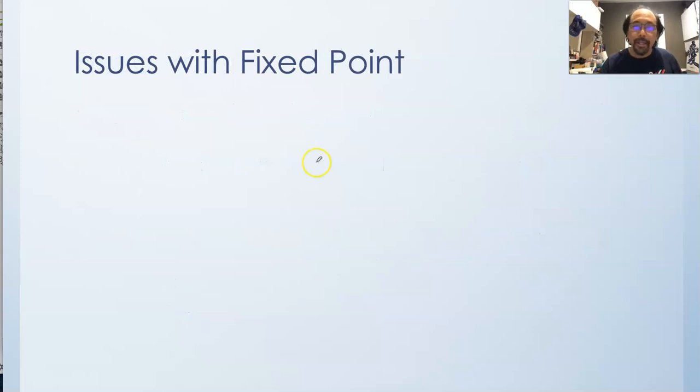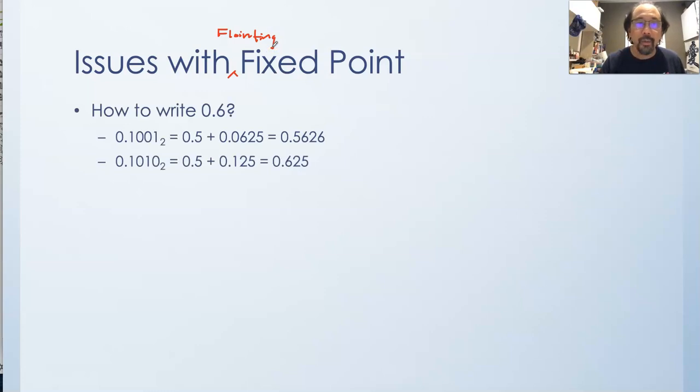There's an issue, and the issue is kind of twofold. One issue has to do with fixed point and floating point in general. Whatever system we look at, we have this issue where, how do I write 0.6? If I use these 4 bits, it's a little too small.